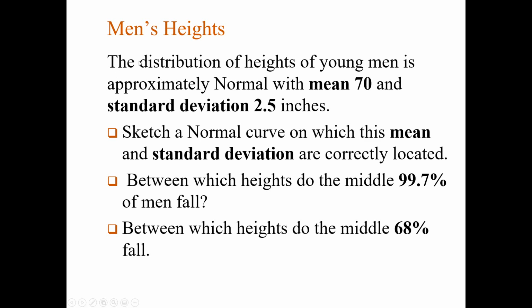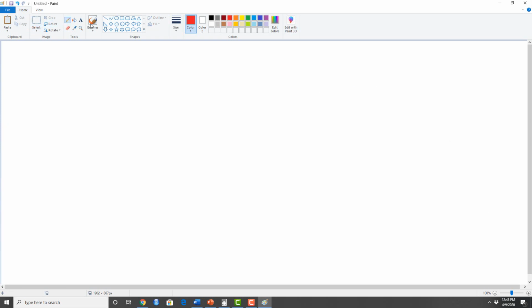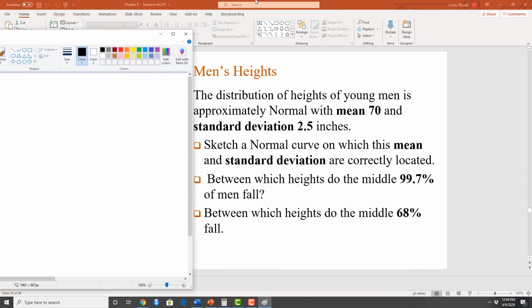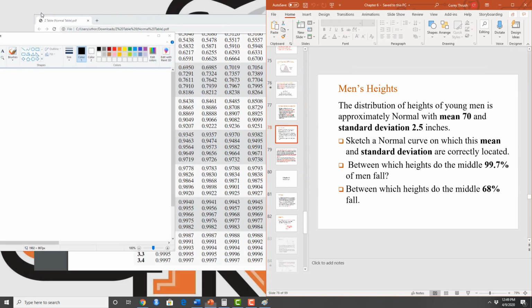So the distribution of heights of young men is approximately normal with mean 70 and standard deviation 2.5. And I'm going to ask you guys to do this for me. So pause the video. So we're asked to sketch the normal curve with mean 70 and standard deviation 2.5.